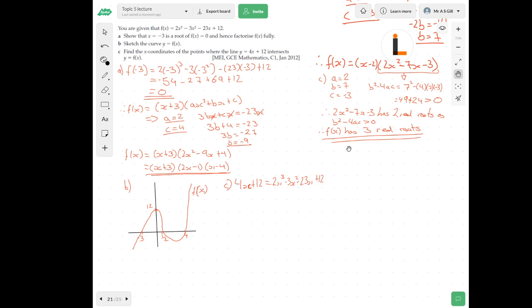And again, we want to make this polynomial equal to 0. And you'll see the 12s cancel out. So we're left with a cubic that we can factorize out the x from.